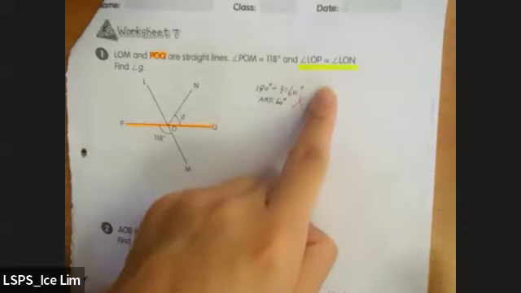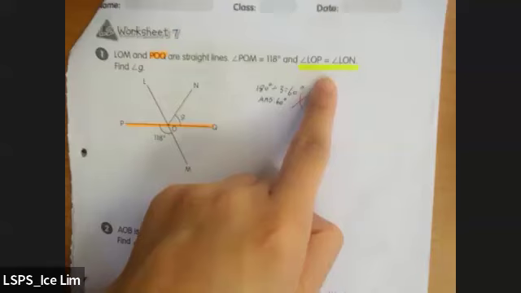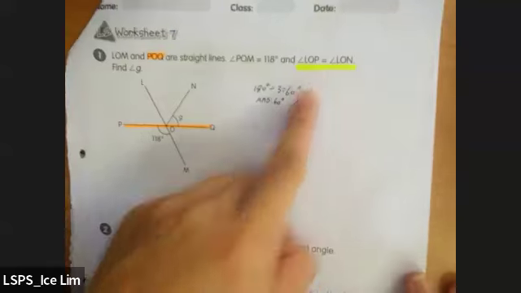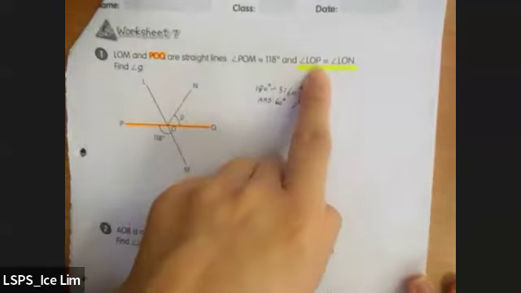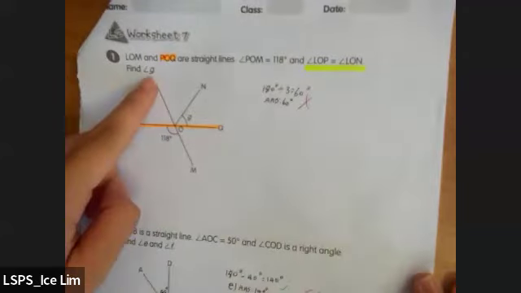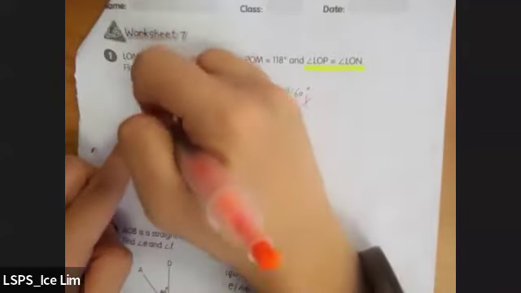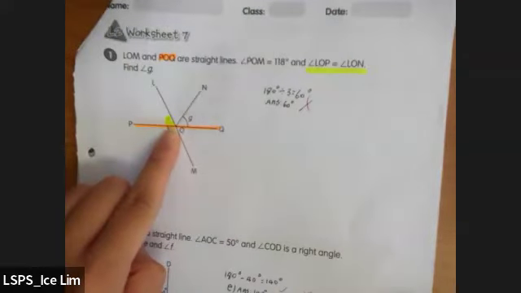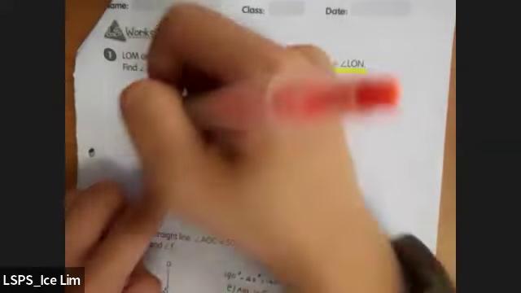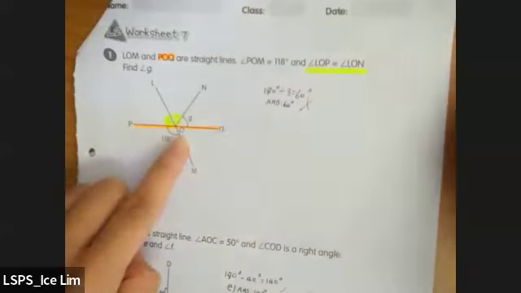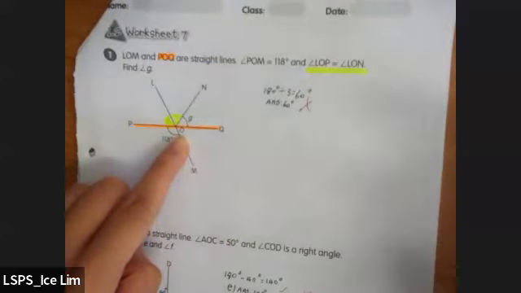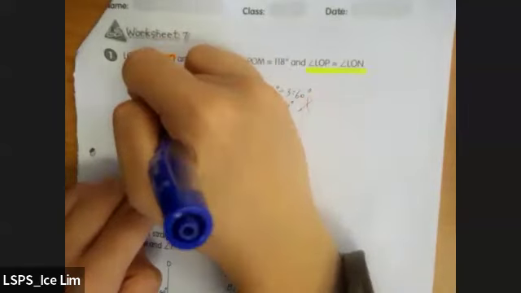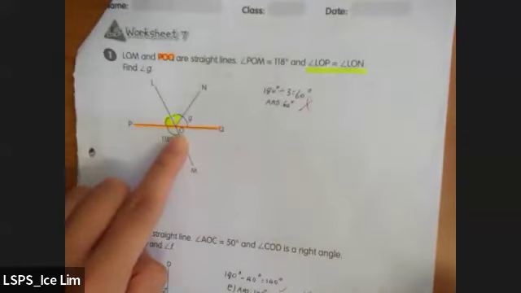So the pair of angles that are specified to be equal is angle LOP, this one, and LON here. So it is mentioned that these two angles are the same. But it did not say that G is the same as them.